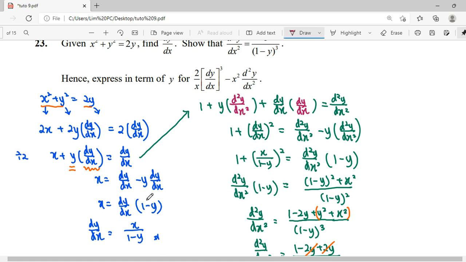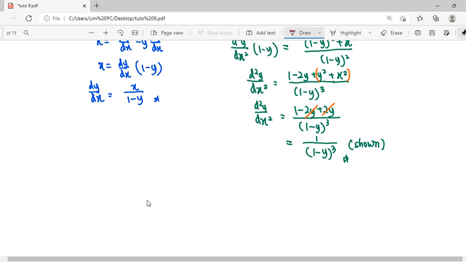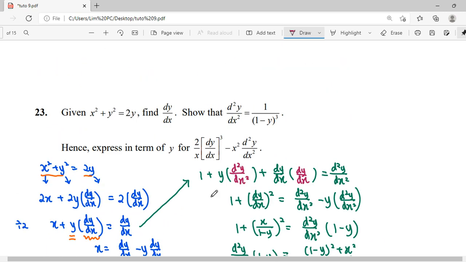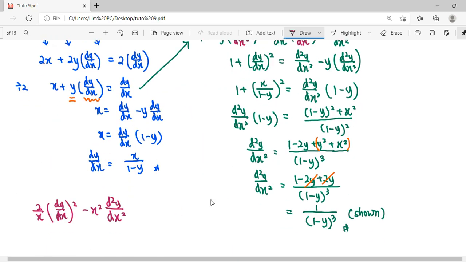Our question here will be 2 over x times dy dx squared, and then minus x squared times d2y dx squared. So this is our question. So this is cube.